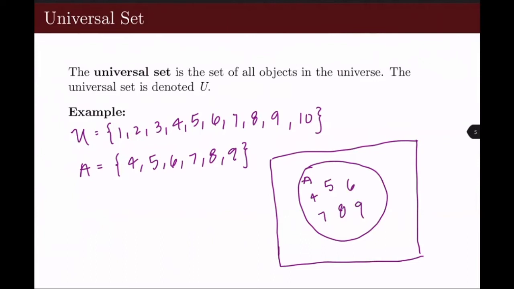And then everything else lives out here in the universe. So 10, 1, 2, 3. You can also just think of the universal set as a big set, or I like to think of it as where we're living. So right now we're living between 1 and 10, but we're focused on this set A, which is 4 through 9.